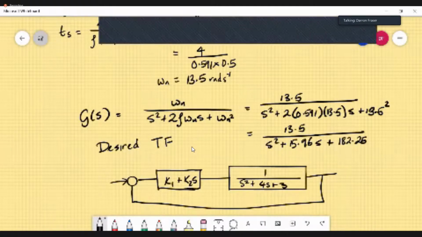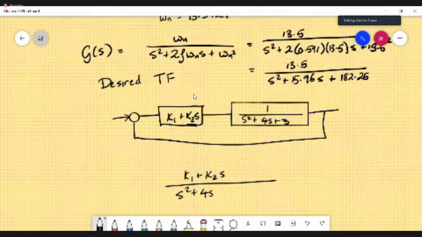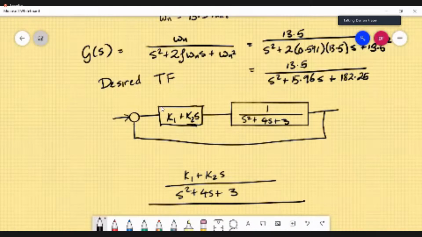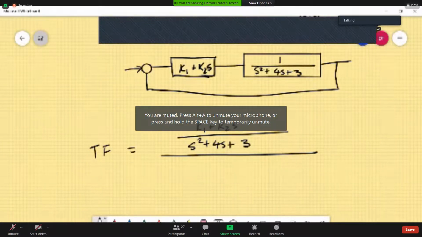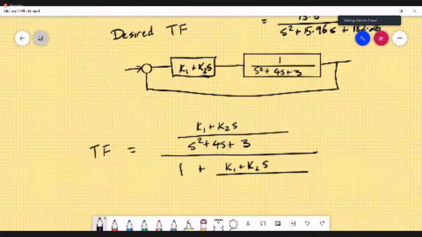So our system, when we multiply, we're going to get K1 plus K2 s on the numerator over s squared plus 4s plus 3, all over 1 plus K1 plus K2 s over s squared plus 4s plus 3.